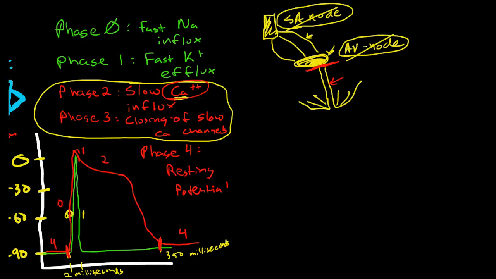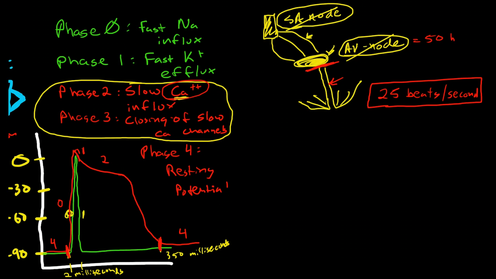For example, the pacemaker cells in the Purkinje fibers and the bundle branches have a rate of about 25 beats per minute. If you have a person with a ventricular rhythm, they're going to have a heart rate of around 25 beats per minute. The AV node is around 50 beats per minute.